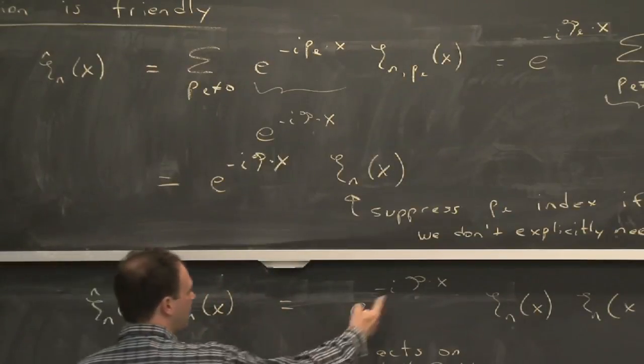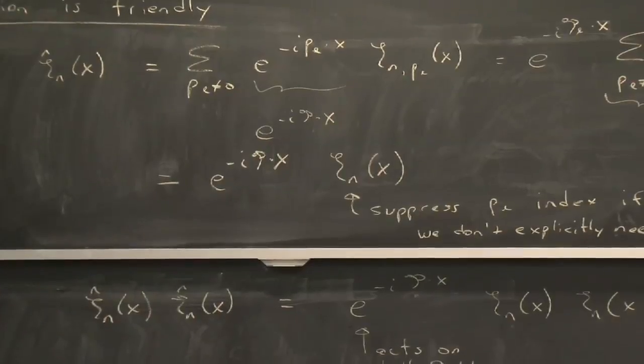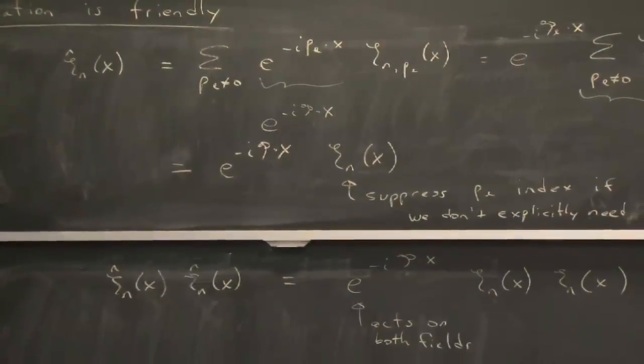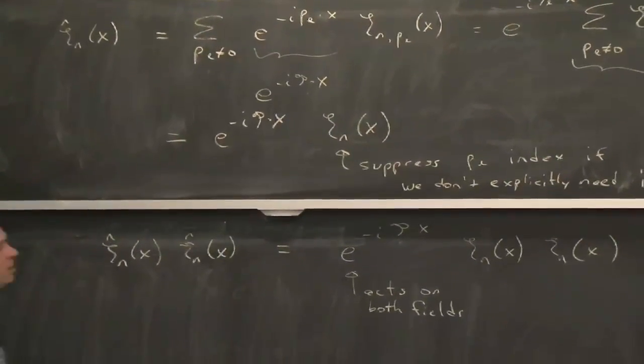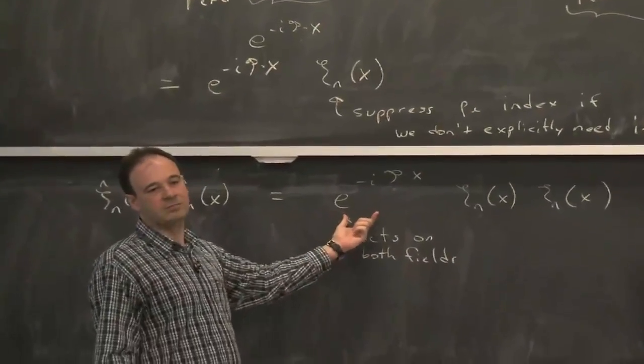And what this phase factor here is really doing for you, if you think about it on a whole product of fields, is, when you Fourier transform, giving the label conservation.